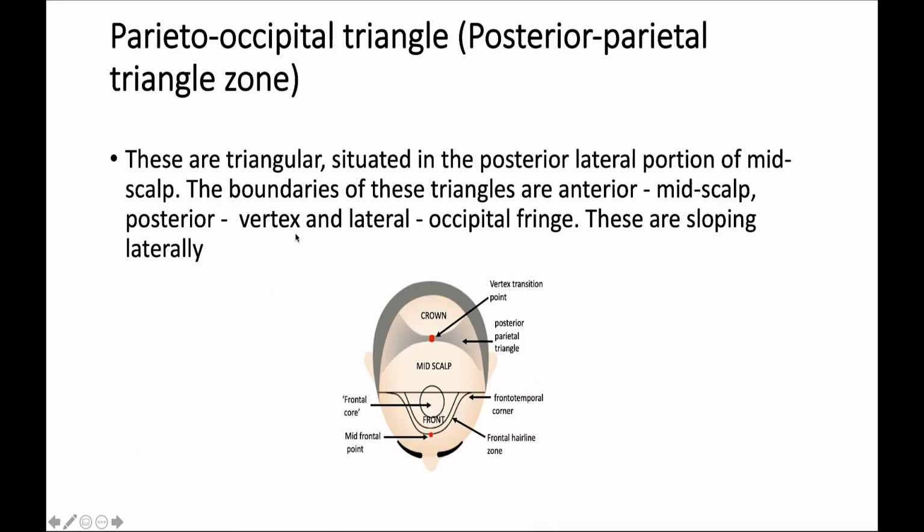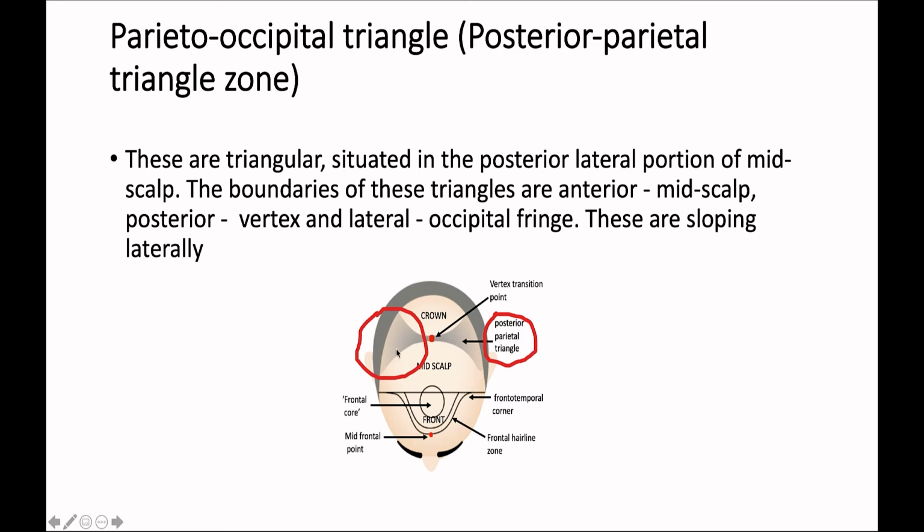Then the parieto-occipital triangle. These are triangular areas situated in the posterior lateral portion of the mid-scalp. The boundaries of these triangles are: anteriorly the mid-scalp, posteriorly the vertex of the crown, and laterally the occipital fringe.